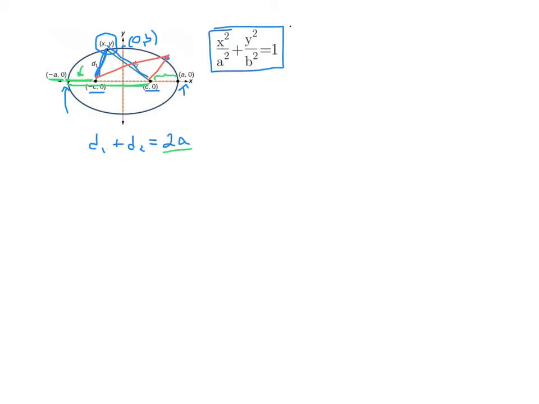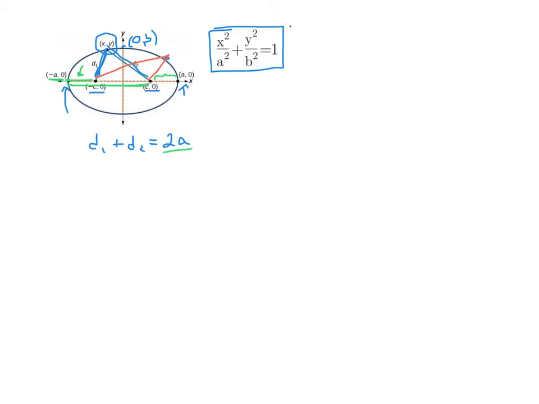And since those 2 distances added together have to be the same for every point on the ellipse, we can claim that d1 plus d2 is equal to 2a for all (x, y). Okay, so let's just follow that.